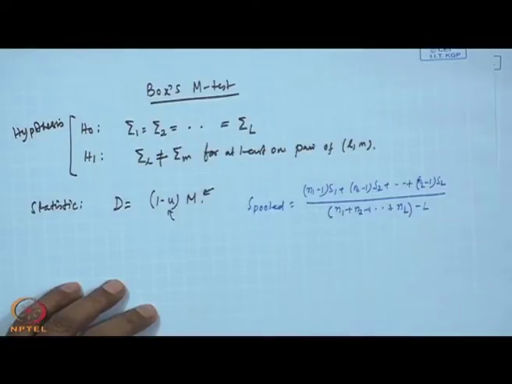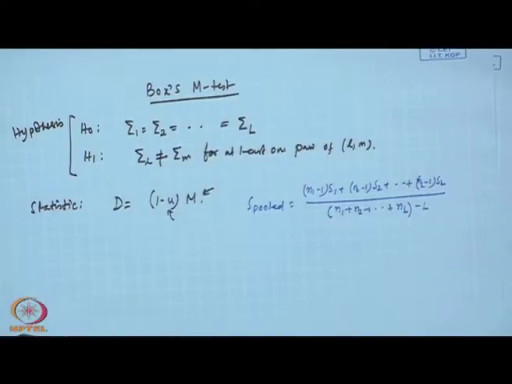That you have seen earlier also in the two population univariate case: N 1 minus 1 into S 1 plus N 2 minus 1 into S 2 by N 1 plus N 2 minus 2, just check. This is the case.